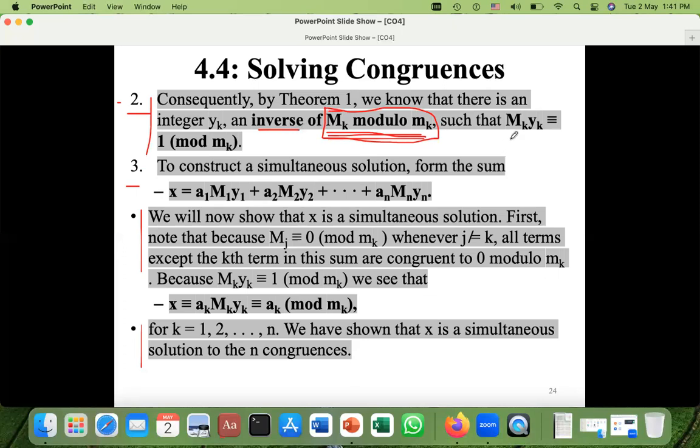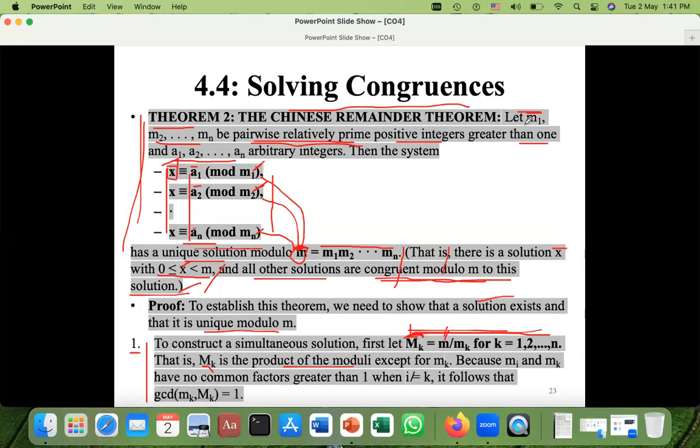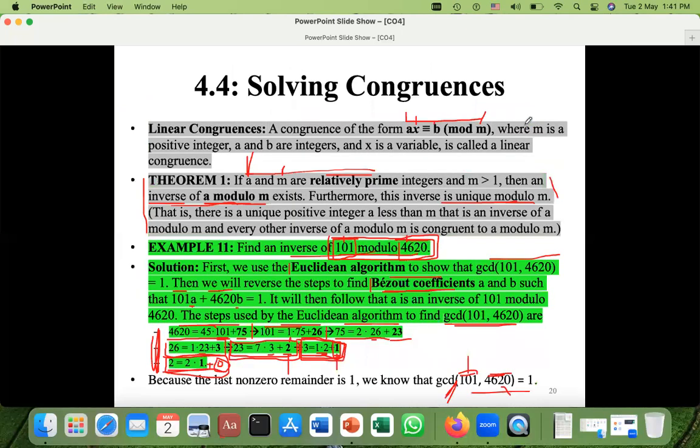But in the theorem, we are saying that this is according to theorem 1. If you go into that theorem 1, okay, where is that one?